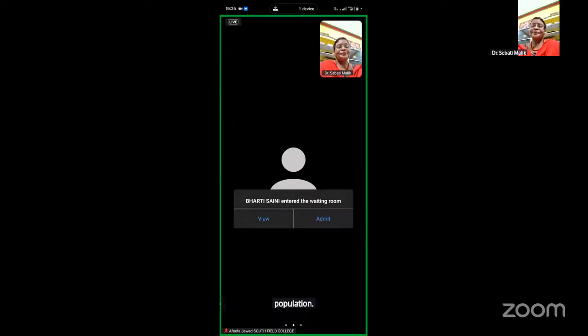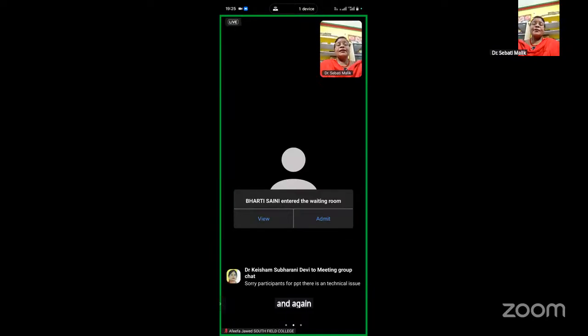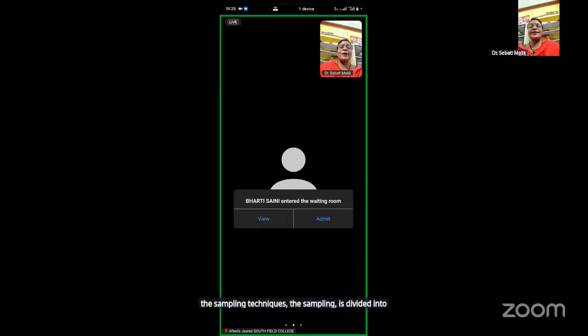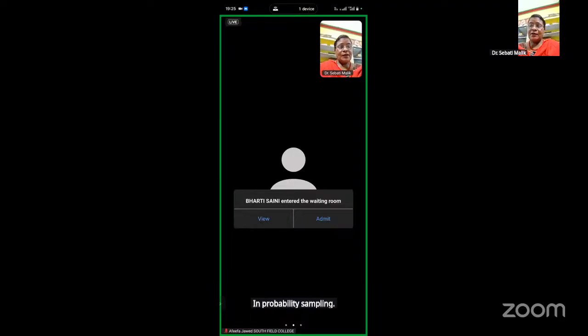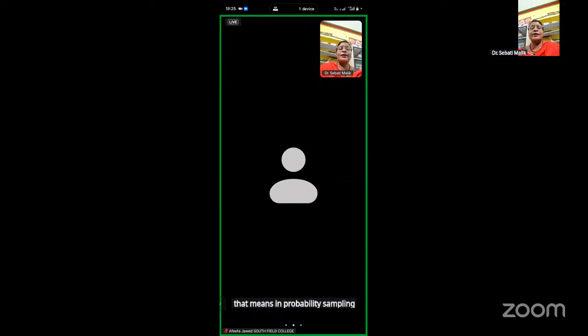And again, the sampling techniques are divided into two. One is probability sampling and the other is non-probability sampling. In probability sampling, everyone has an equal and immediate chance to be included in the sample.